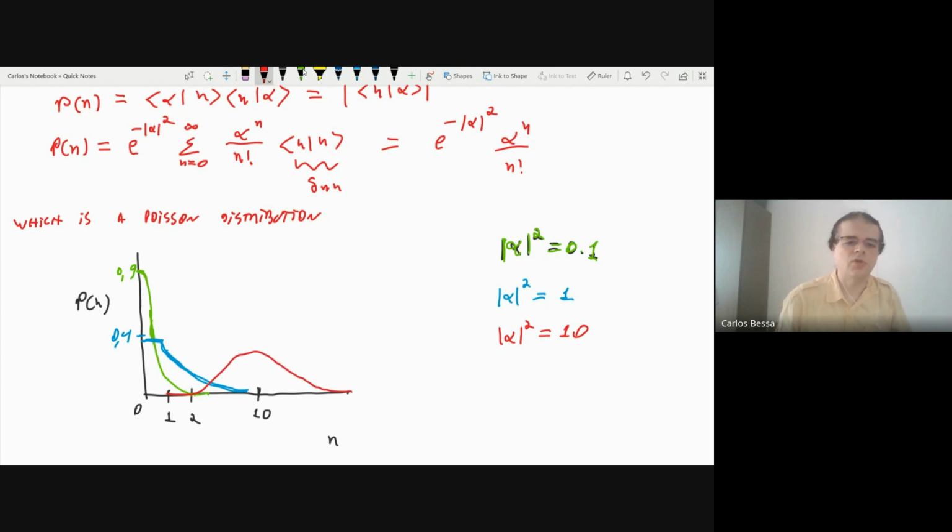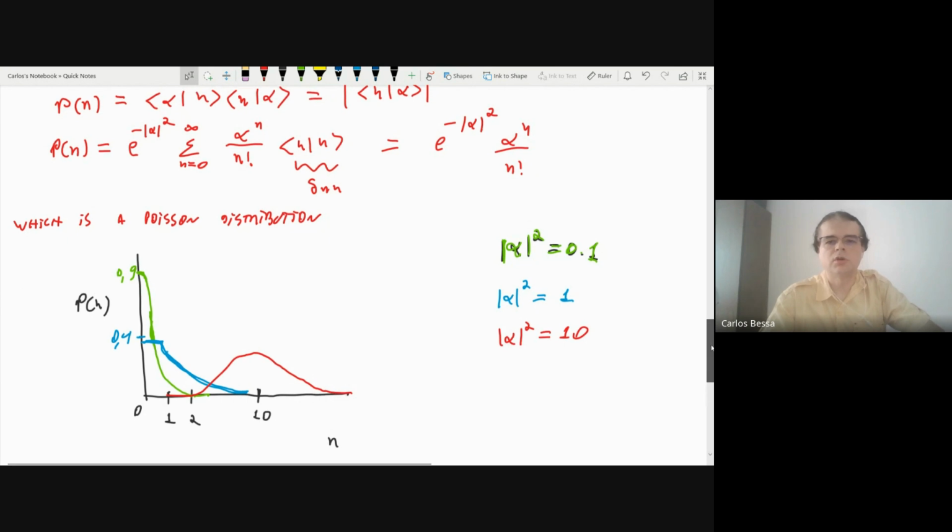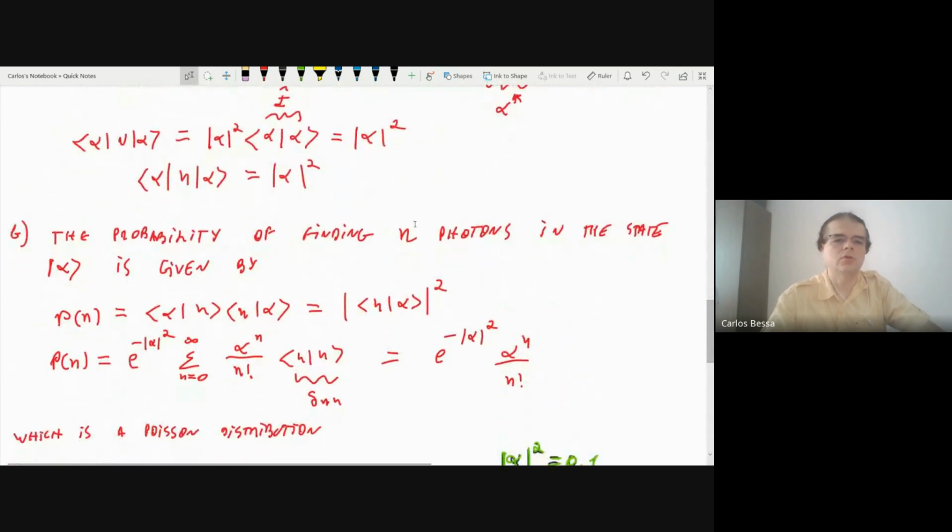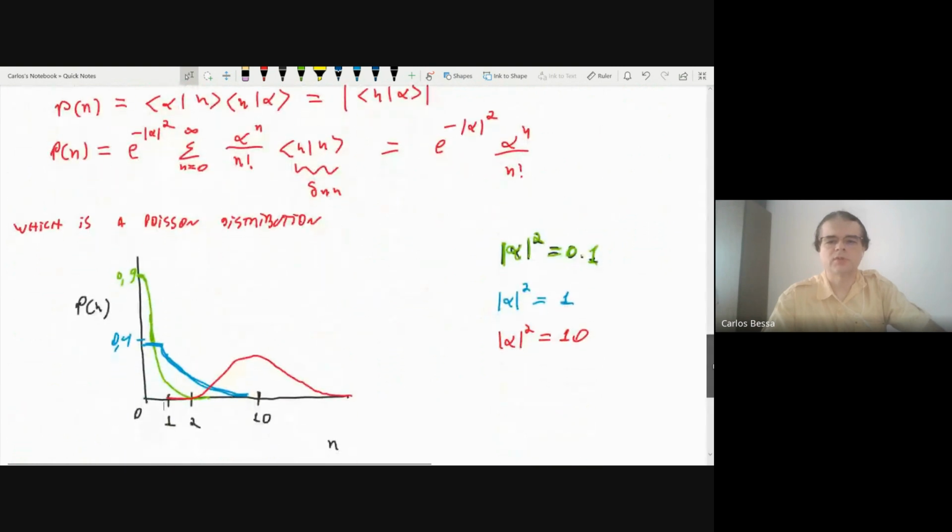The maximum is around 10 when n is equal to alpha squared. This is because what we found here, the average number of particles is equal to alpha squared, right?